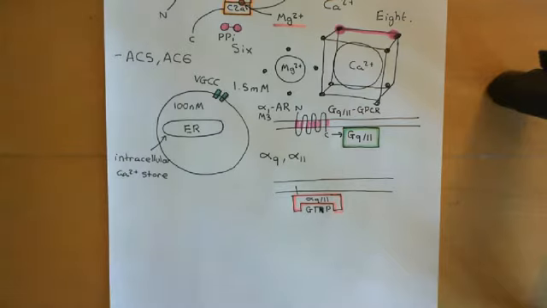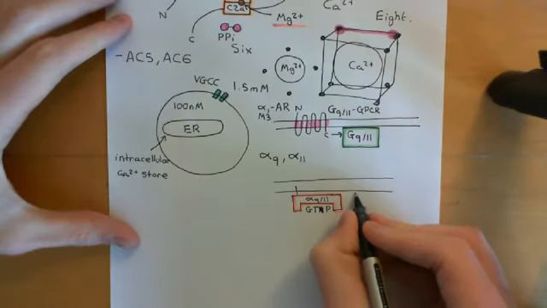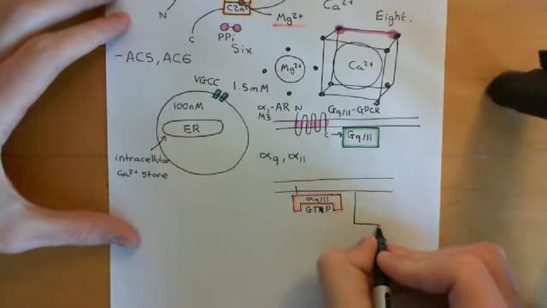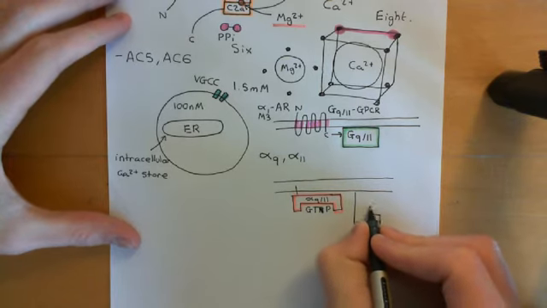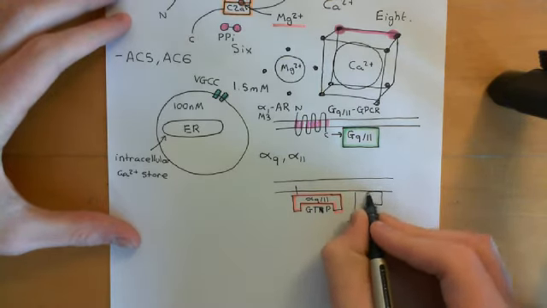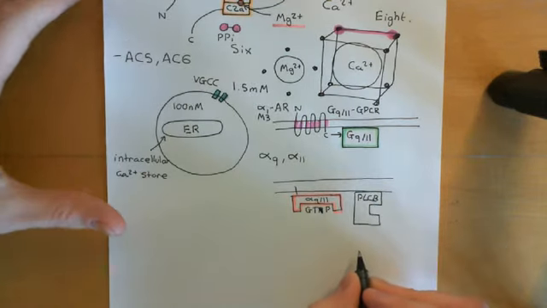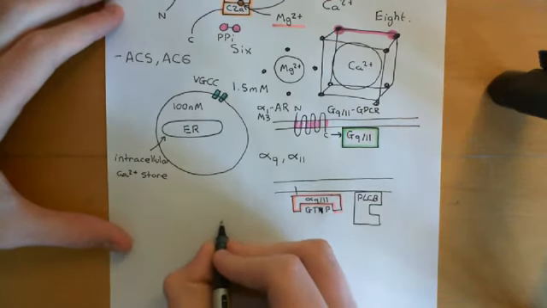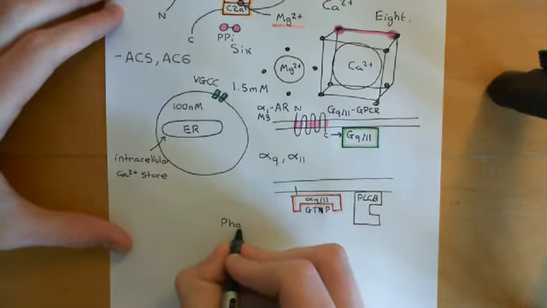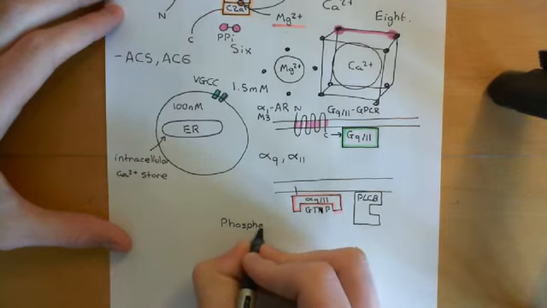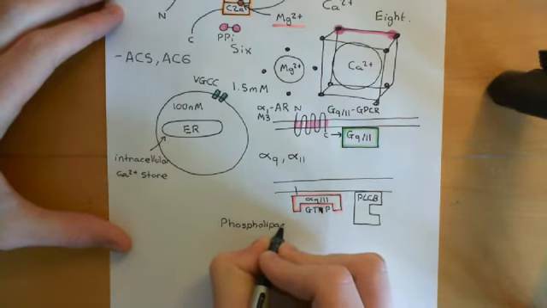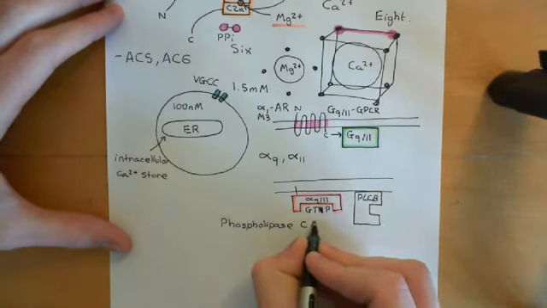Now, there are loads of phospholipase C enzymes. A family of phospholipase C enzymes are the phospholipase C beta enzymes, and these are all the time moving between being attached to the underside of the phospholipid bilayer and being in the cytoplasm. So this PLC beta here stands for phospholipase C beta.